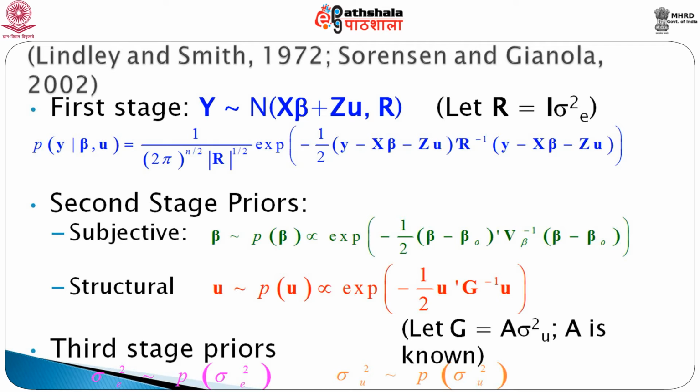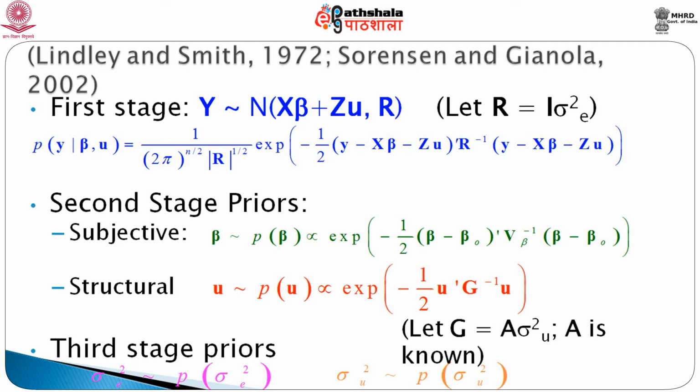And the structural prior is that u follows a multivariate normal with mean vector 0 and dispersion matrix G, where G equals A sigma_u squared. So A is a known matrix. We assume for simplicity that, apart from sigma_u squared, the dispersion matrix of u is known to us. This is the second stage prior.